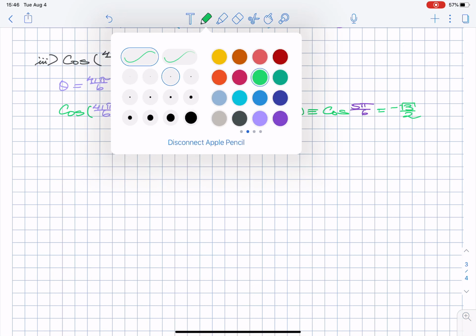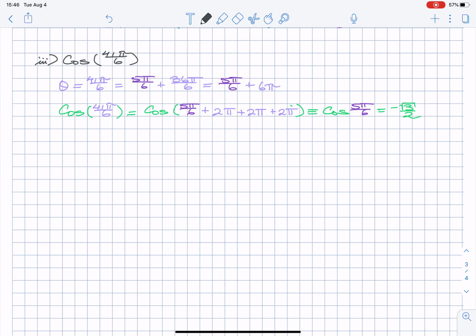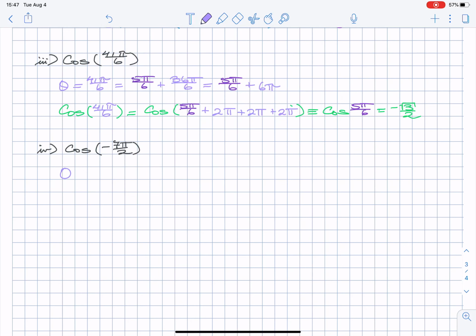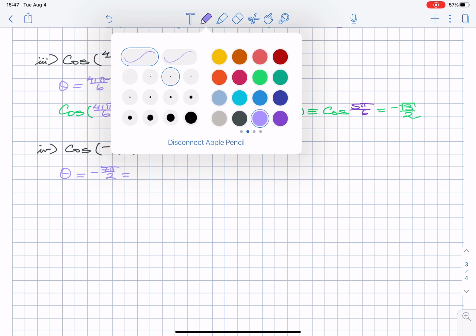And now let's do one more for good measure, and I will stop this portion of this section at this point. So let's evaluate cosine of, let's do a negative 7 pi over 2. So in this case, we have that our angle theta is negative 7 pi over 2, but I'd like to have a positive number here.